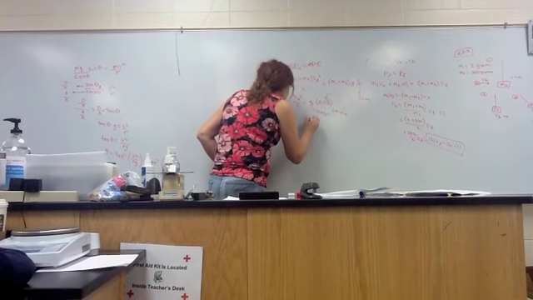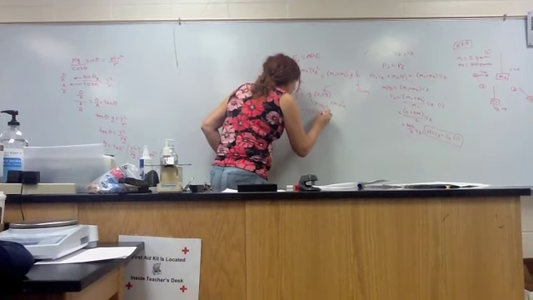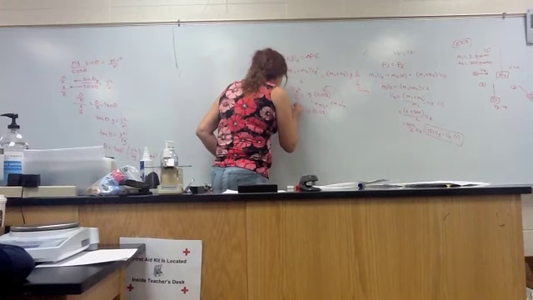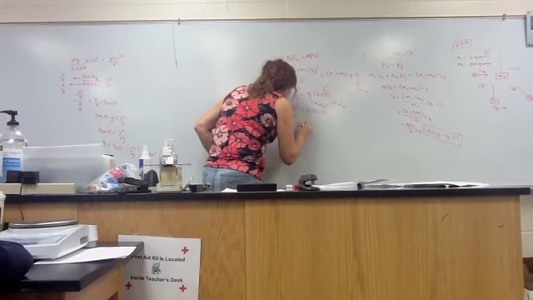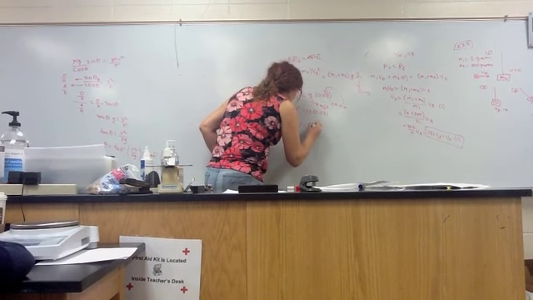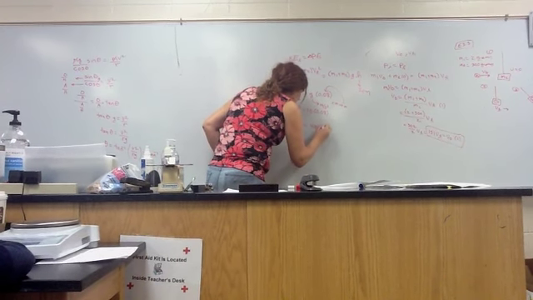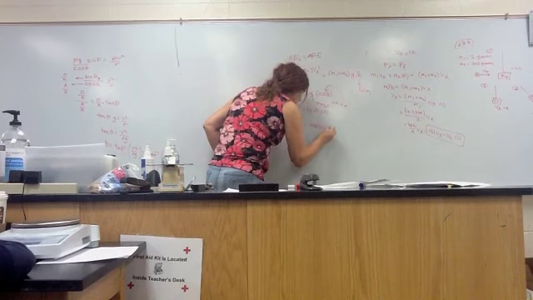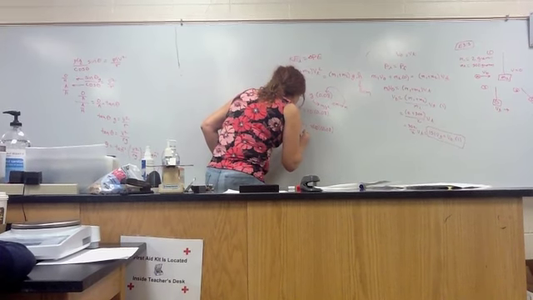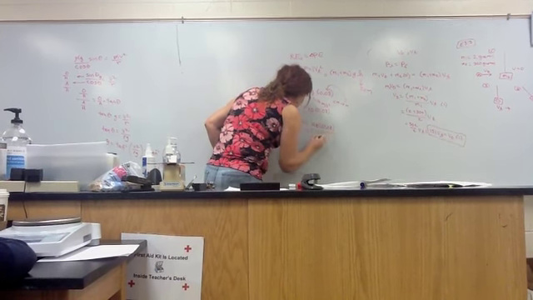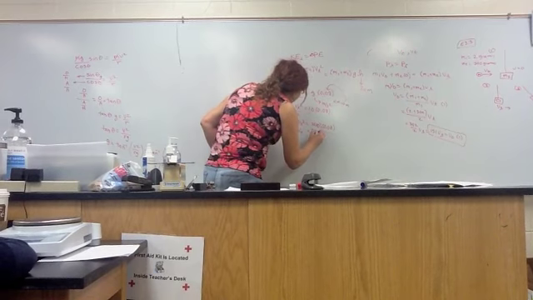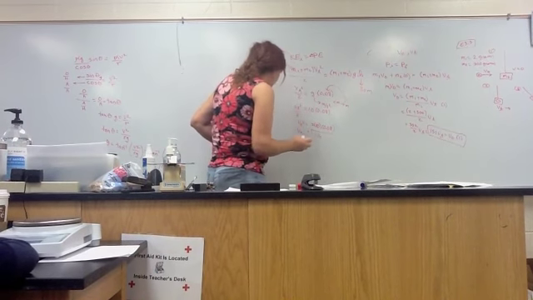Okay, so we do 10 times 0.08. VT squared over 2, well, let's just get this: VT squared is equal to 2 times 10 times 0.08. So VT is equal to the square root of 1.6.